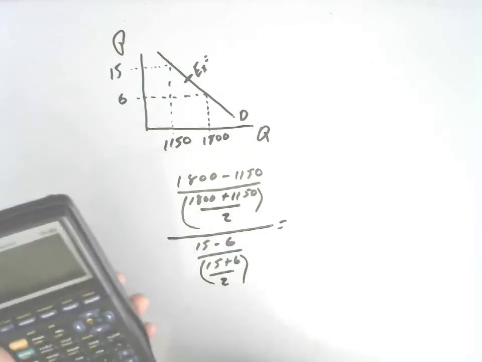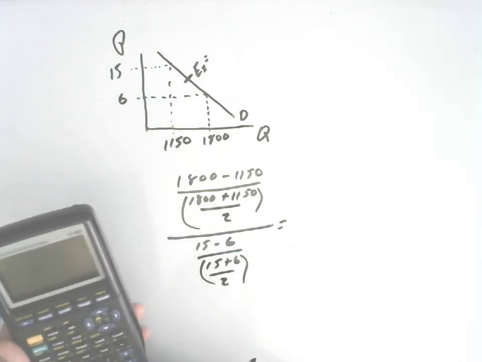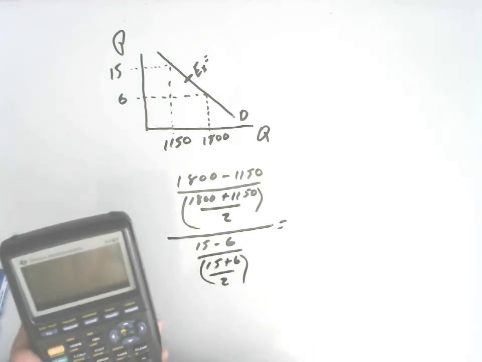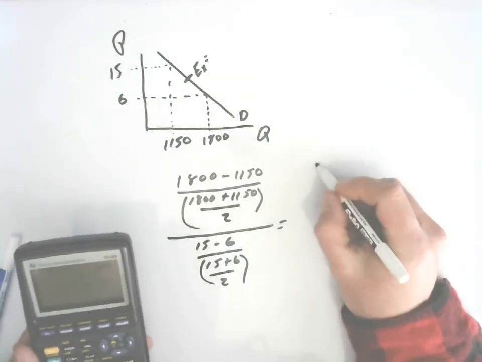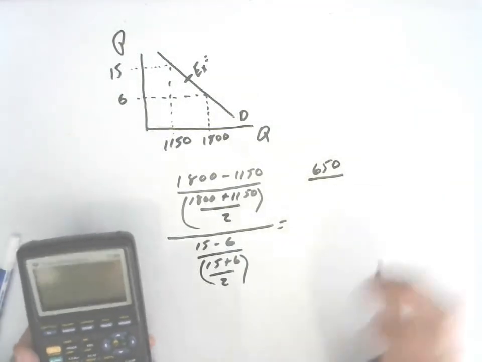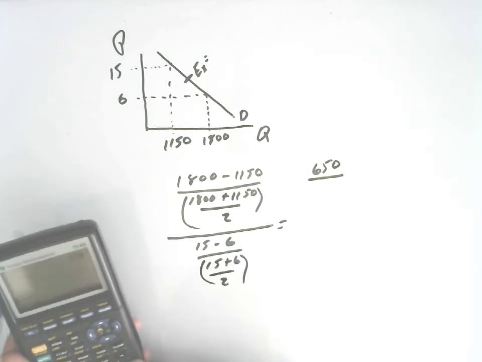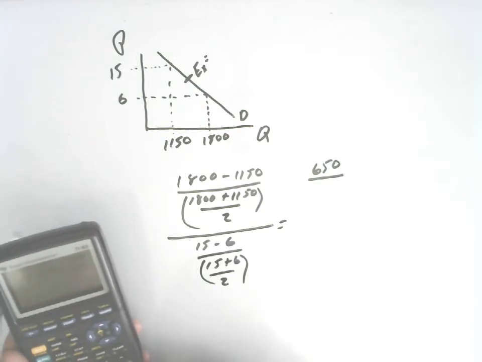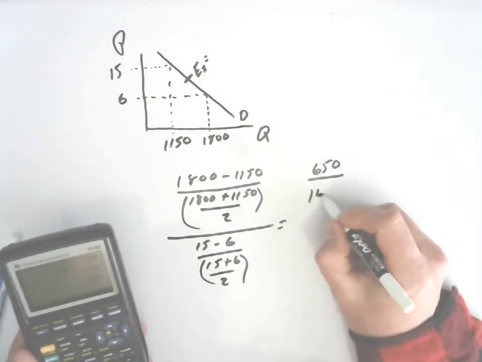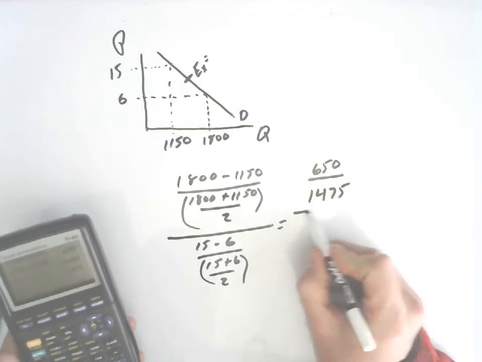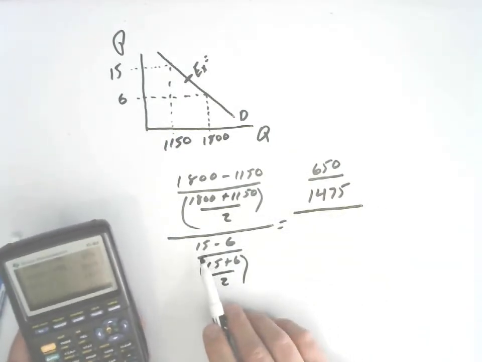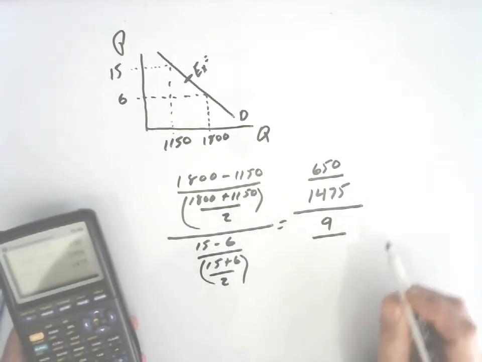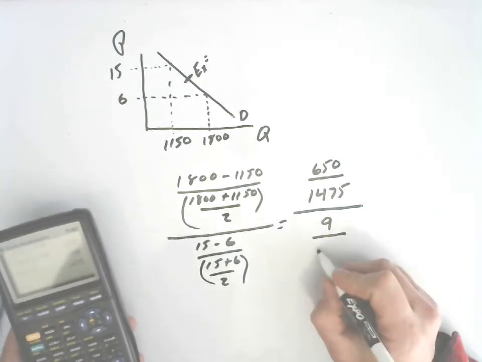Breaking out my trusty TI-85 again, I got 1,800 minus 1,150, which equals 650, divided by 1,800 plus 1,150, which equals 2,950, divided by 2, which is 1,475. And I divide that by, I can do this in my head, 15 minus 6 is 9, divided by 21 divided by 2, which is 10.5.